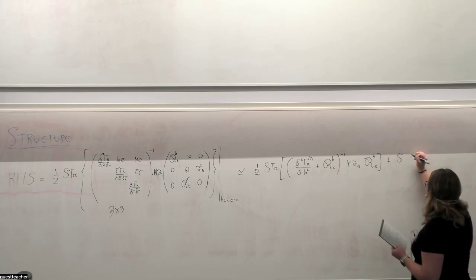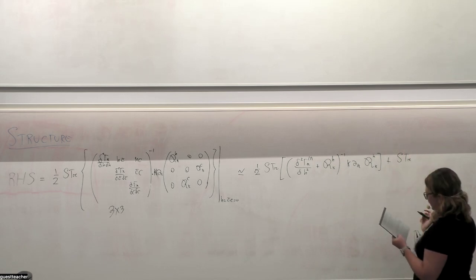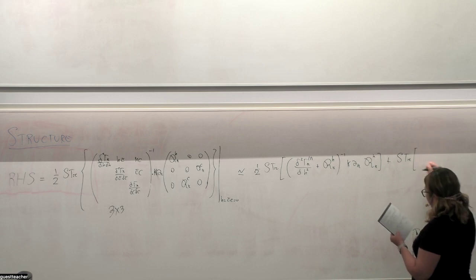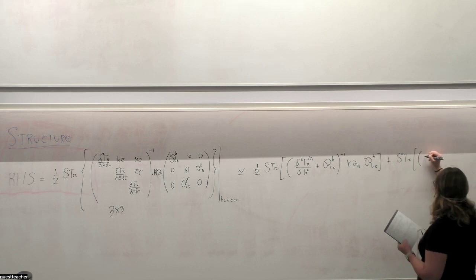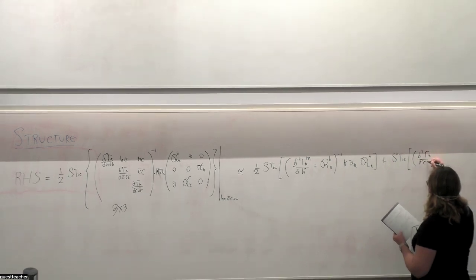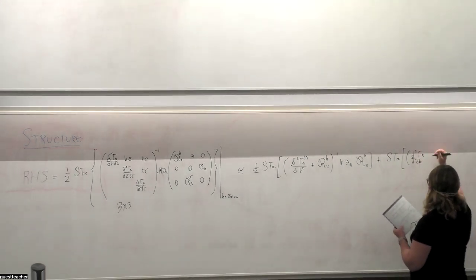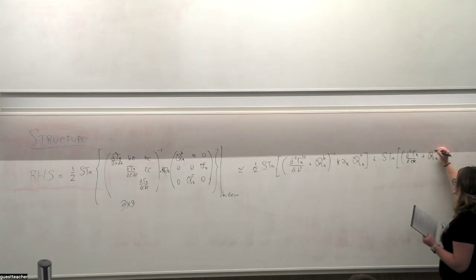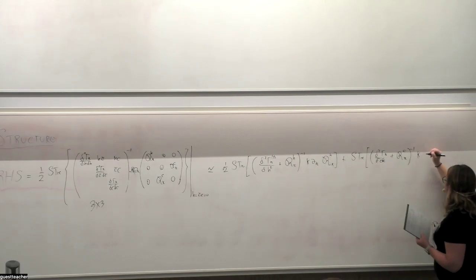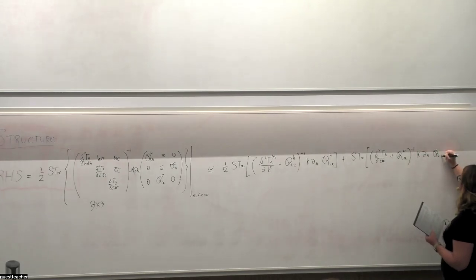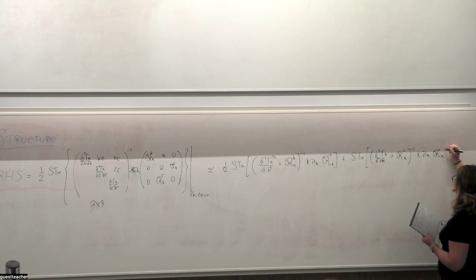And what we get out is just the super trace of the ghost part, which is a second variation of gamma k with respect to c bar c, regulated and inverted, times the regulator part for the ghost.